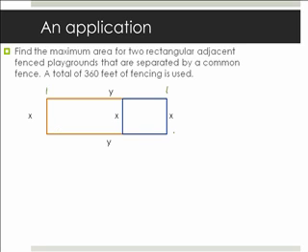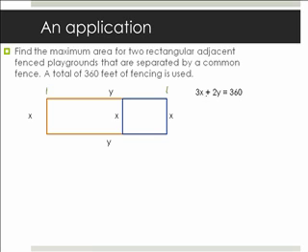So we're using a total of 360 feet of fencing, and that tells us that the perimeter, or if we add up all the distances, they should total 360 feet. So notice we have 3 x's and 2 y's: 3x plus 2y is equal to 360.